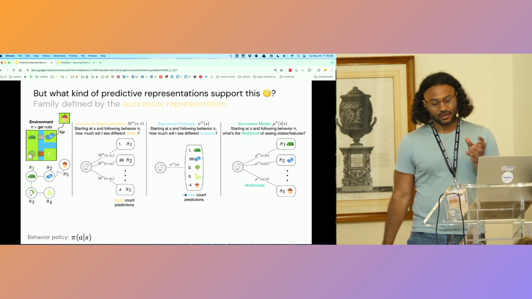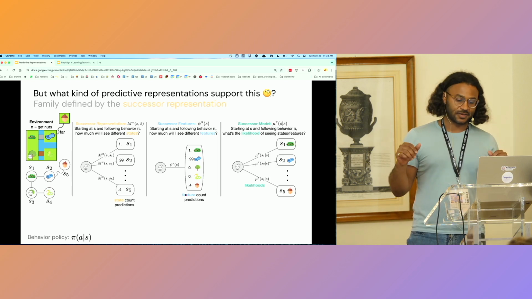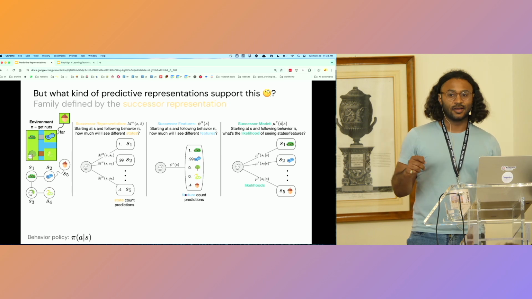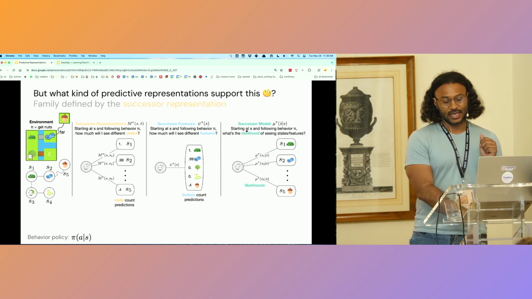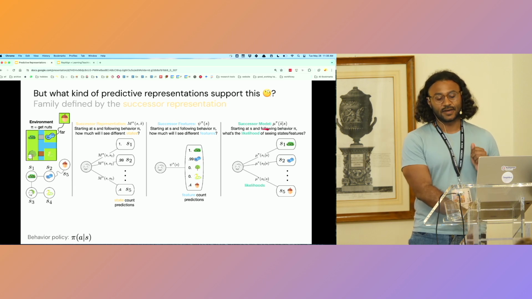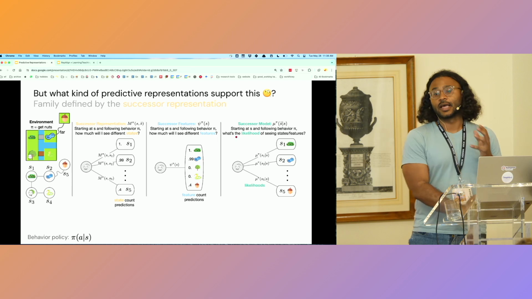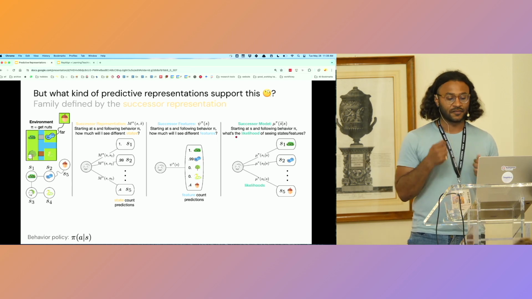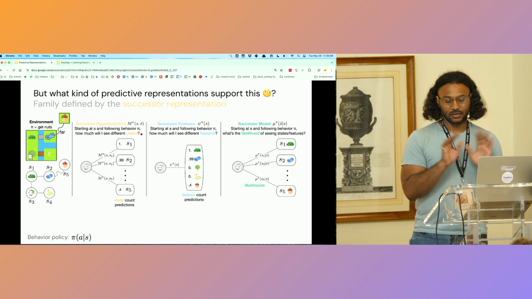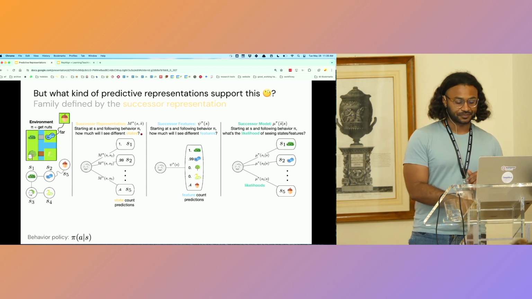And then a third thing in the same family is something that me and collaborators are calling the successor model. This is probabilistic and allows you to ask, starting at state S and following behavior pi, what's the likelihood of seeing different states or features? So this is like a probability you can sample from or evaluate. These are 3 predictive representations in this family.